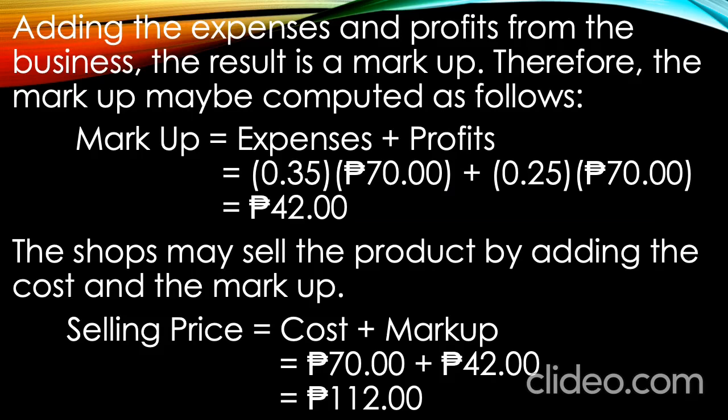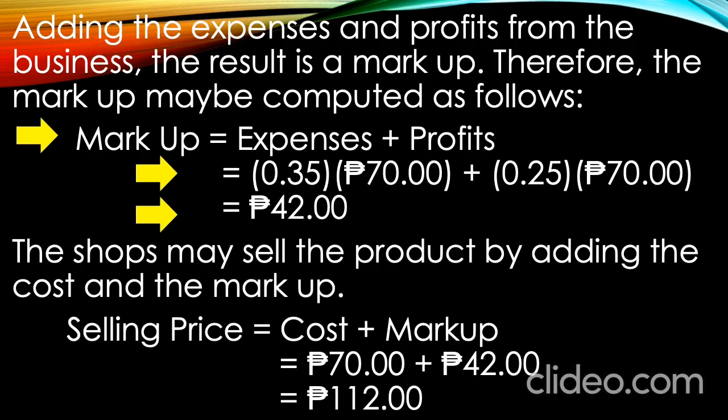Adding the expenses and the profits of the business results in markup. Therefore, we may compute markup as markup equals expenses plus profits. In our case, expenses is 35% of the cost, which is 35% of 70 pesos, and the profit is 25% of the cost, which is 70 pesos. So the markup is 42 pesos.